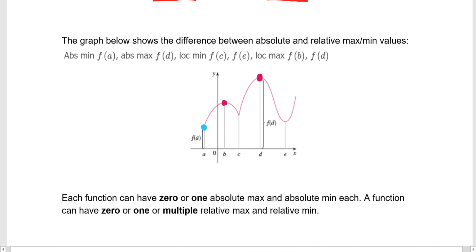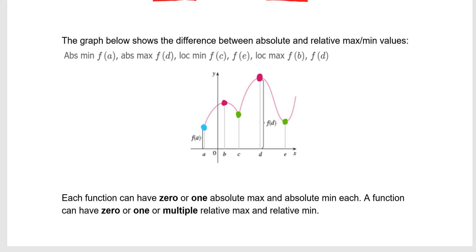Another relative max is actually the same as the absolute max, f of d. And then for the relative minimum values, it looks like we have a relative minimum value at f of c. So all of these are listed right here, and I just filled them in on the graph. Oh, I missed one.